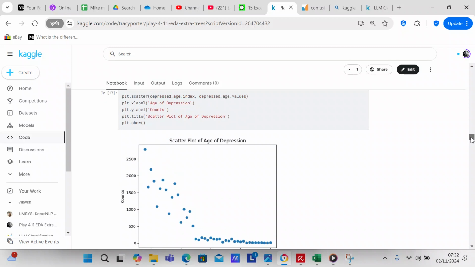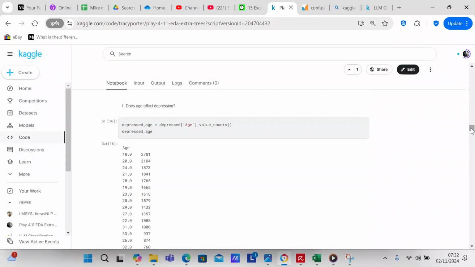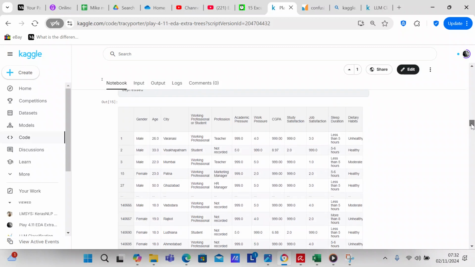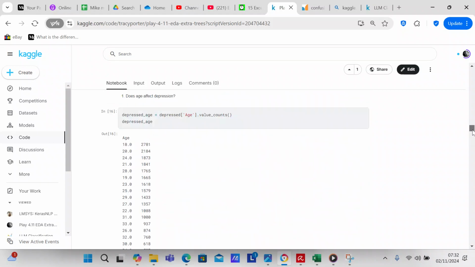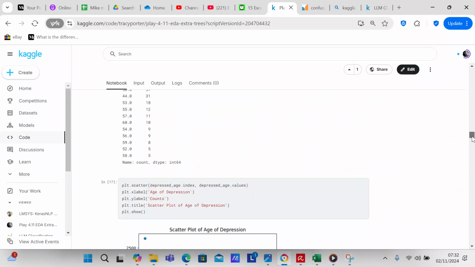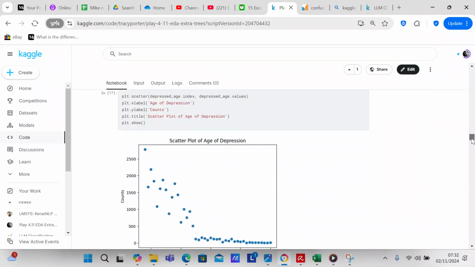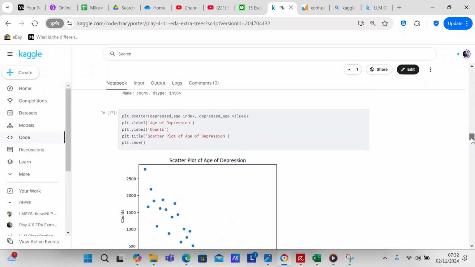I think this data set is for Indian people, because it says it's in Mumbai, which is a town in India. In India, if you're over 50, you're considered old.